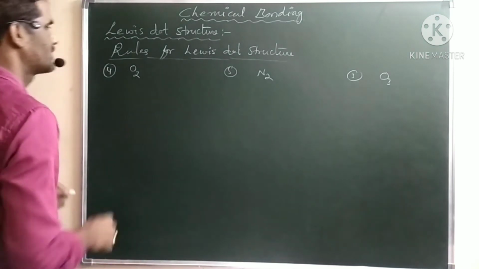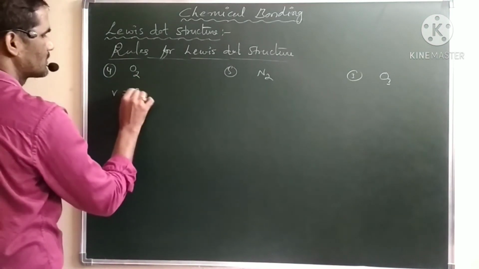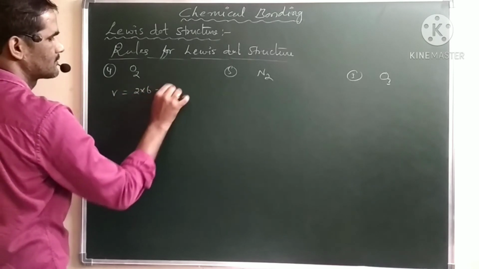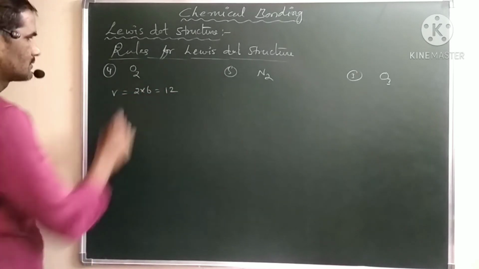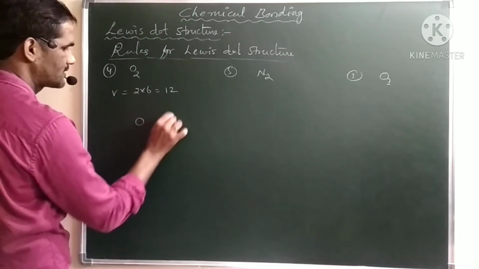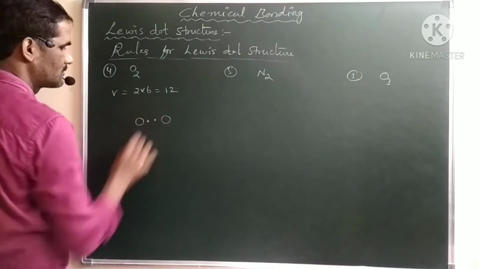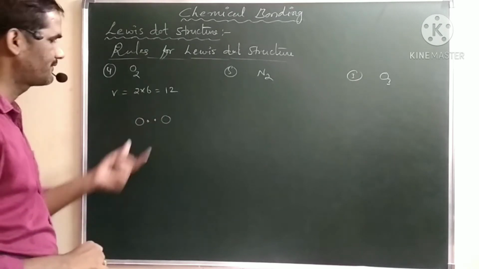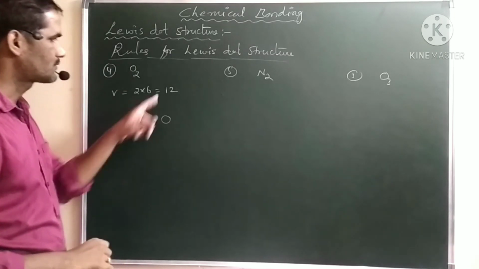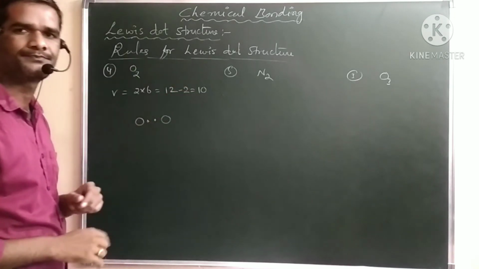We'll see these quickly. Valence electrons for oxygen, 2 into 6, it is 12. So out of 2 oxygens, you can write any one oxygen as central, the remaining as a terminal atom. So first we have to draw a pair of electrons between the 2 atoms. So out of 12, now we have used 2 electrons, 10 remain.